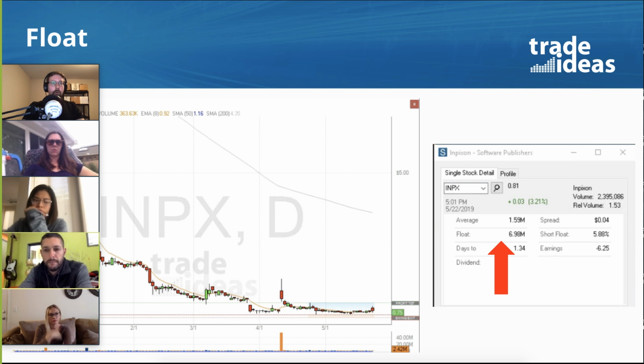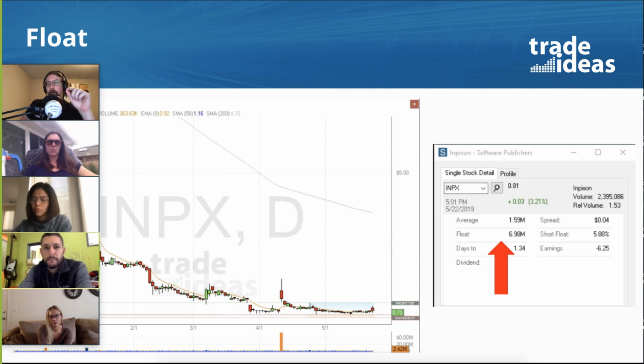So next is float. And I'm sure we've all heard about low floaters and all this kind of stuff. Essentially, the float, which we talked about last time, is the amount of shares outstanding. And we used the example that there's 5 of us here. If we opened up a company and we had each bought a share, so we had an even split, there'd be 5 shares outstanding. And that's our float, right?